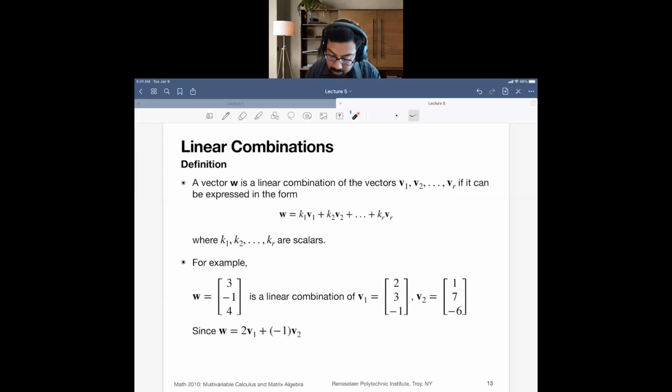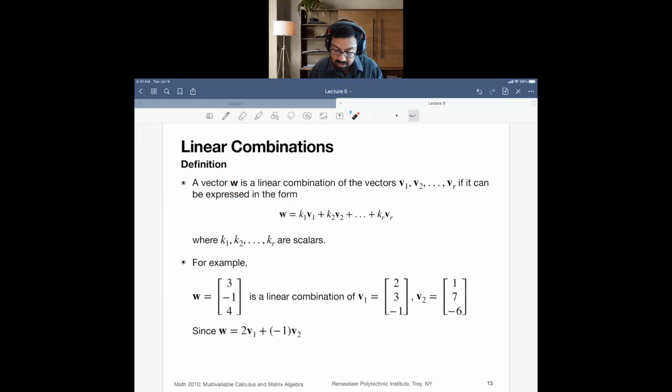W is some scalar k1 times vector v1, plus some scalar k2 multiplied by vector v2, and so on up to some scalar kr multiplied by vr. All the k's are scalars and all the v's are vectors. So if I can express W in this form, W is a linear combination of the vectors. That's how you do it, right?